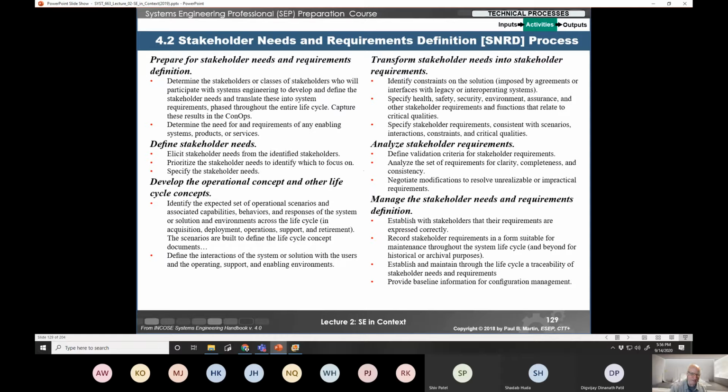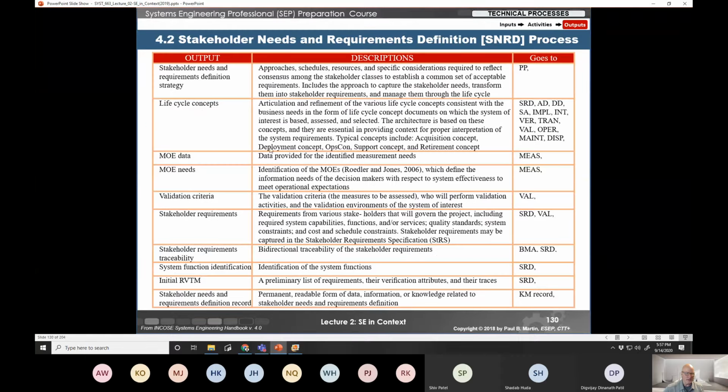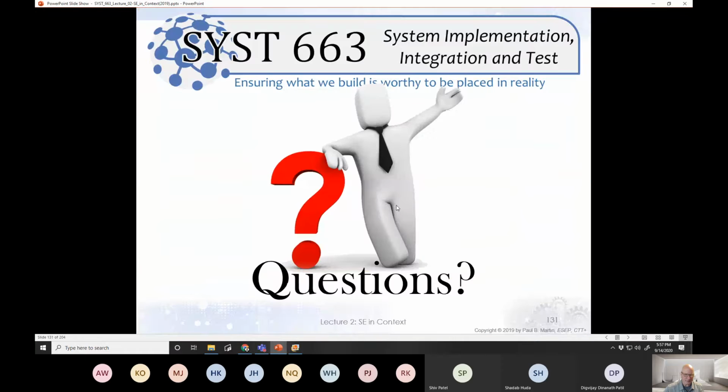Then you start developing your operational concepts, or your ConOps, and you transform stakeholder needs into stakeholder requirements, and analyze those requirements, looking for consistencies or inconsistencies, making sure they're clear, complete, and consistent with each other. Then you come up with the requirements definition, and you manage those needs as you go forward. So these are your outputs.